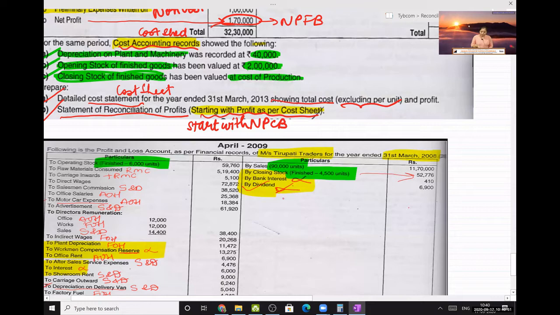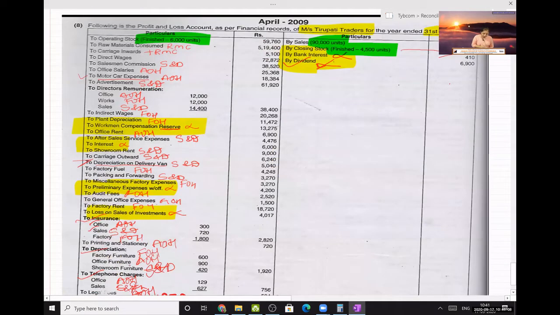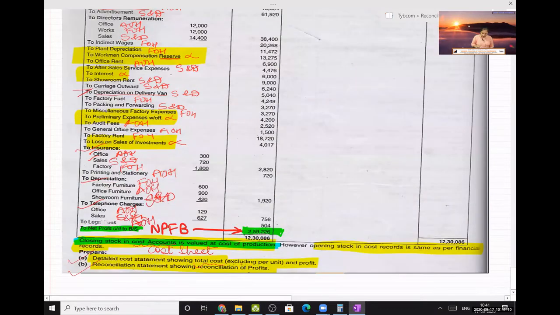Bank interest and dividend received, both are non-cost items, not to be taken in cost sheet. Am I clear? Prepare a cost statement showing total cost, excluding the per unit column. But I would suggest make a per unit column. Don't calculate per unit for expenses, but do calculate per unit for COP or FIFO. Okay?